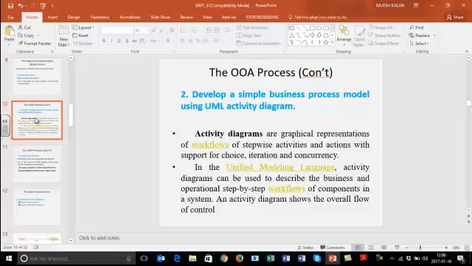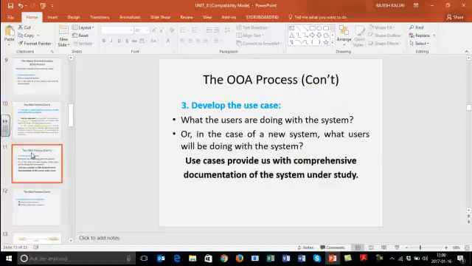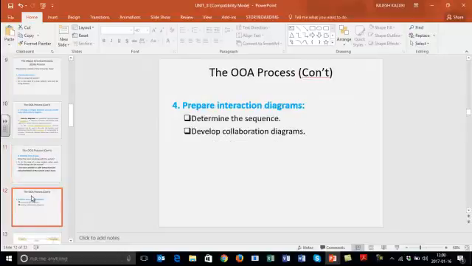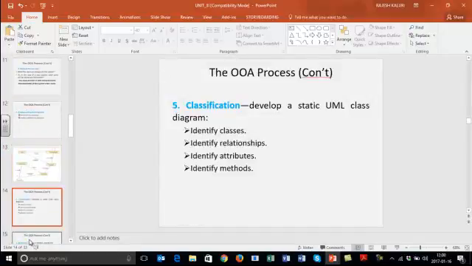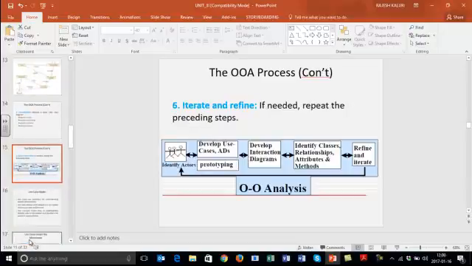So already I have told that this activity diagram almost looks like a flow chart. And the third one is develop the use cases, and the fourth one, prepare interaction diagrams, and the fifth one is classification, different types of classifications which we'll see over here, and the last step is iterate and refine the whole process.